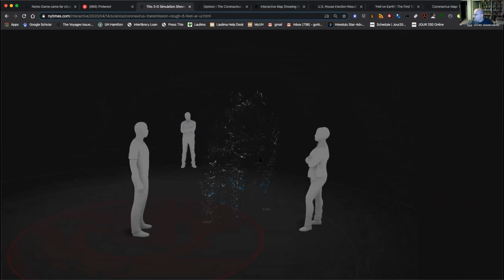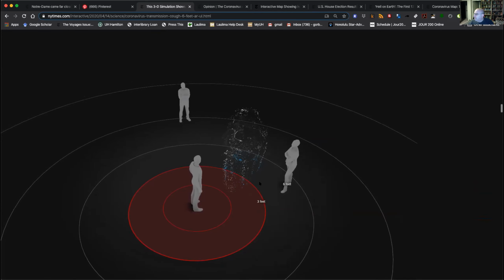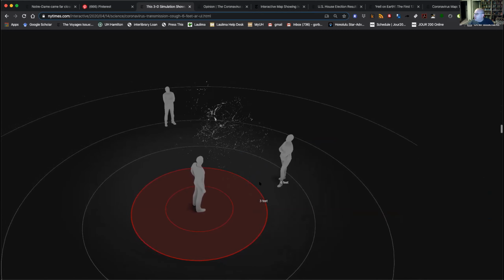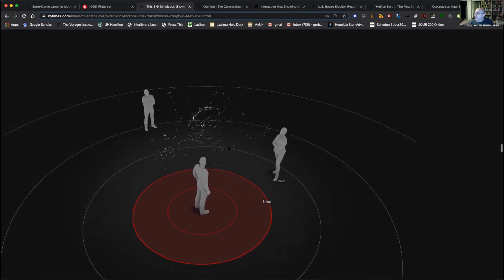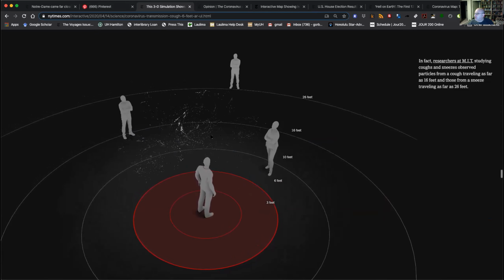So they say stand 6 feet, but if you're standing 6 feet, this is what you're getting in terms of vapors from the cough. So that's kind of the level of sophistication they're at.